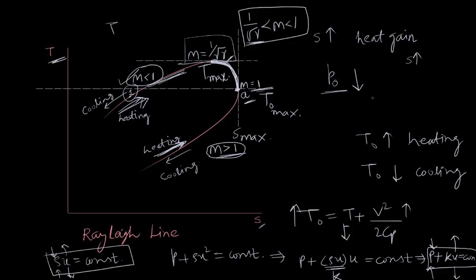So whether the flow is subsonic or supersonic, if we add heat, the stagnation pressure will decrease. In another way, we can say stagnation pressure always decreases during heating. And the opposite is true for cooling. For cooling, stagnation pressure will increase.